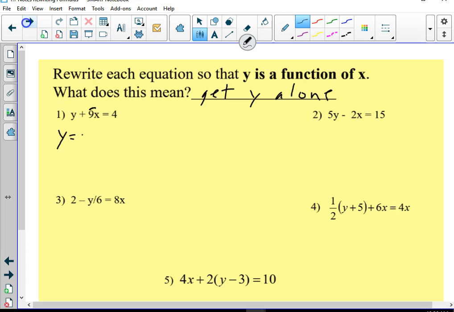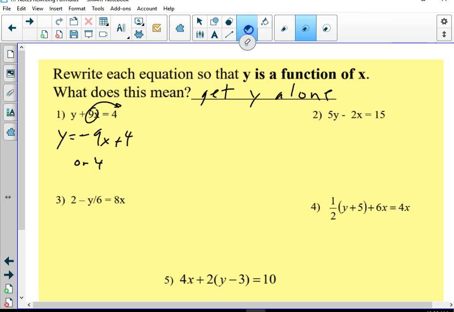Not minus 4 because we want to get this over here. Either one of these would be acceptable. Now, when you're doing slope and intercept form, you want to put the variable first. But either one of those, those are equal, same thing.